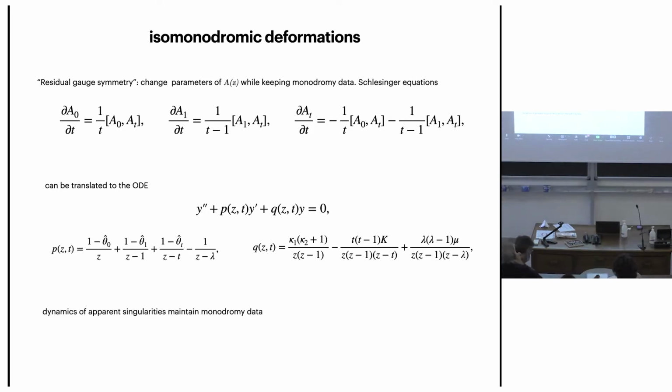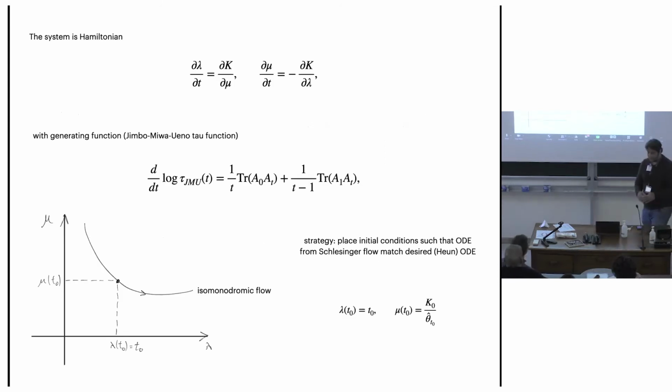This extra singularity being apparent means that you have some algebraic relation between k, mu, and lambda. K can be thought of as the Hamiltonian of this flow. This flow is Hamiltonian, one of the greatest achievements of Schlesinger himself. And this residual gauge symmetry can be thought of as varying the position of the apparent singularity, modifying mu and lambda accordingly so that this extra singularity is still apparent.